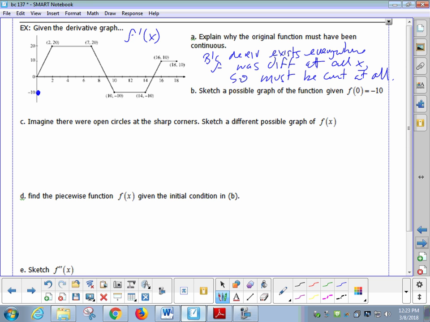You're not going to know exactly how high or low it goes, probably, but you should be able to tell me the shapes. Can we say that it was differentiable at all x or just for 0 to 18? Oh, you're right. All x in 0 to 18. That's true. Good point. That is an overreach.